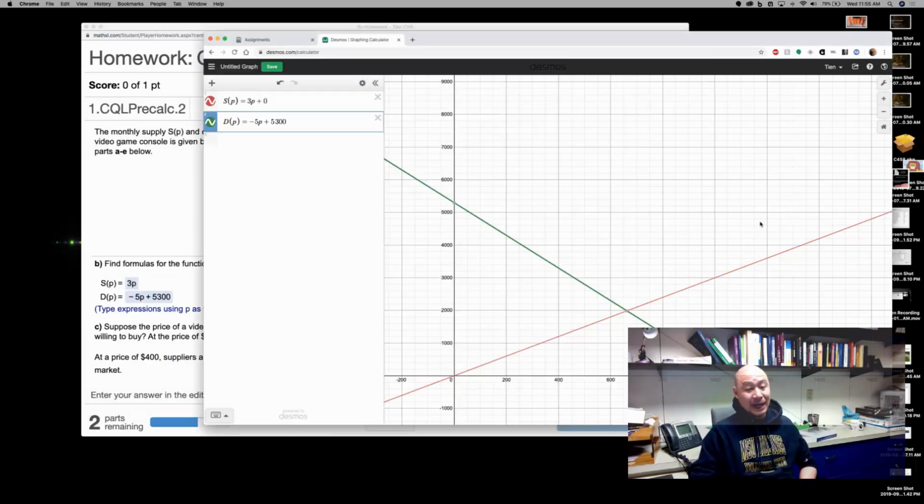Now, I'm not going to go through the details of all of the remaining problems, but I do want to show you a trick about how to now use these functions once you've got them set up like this.